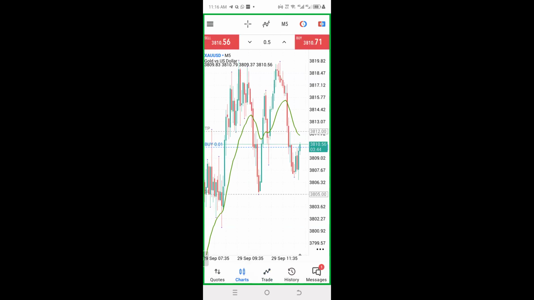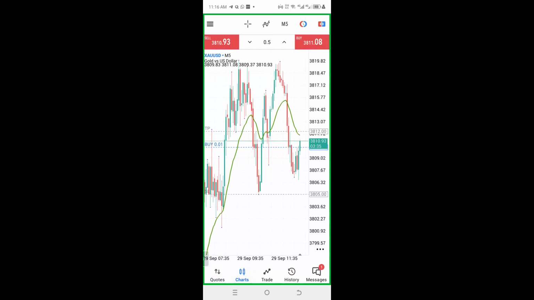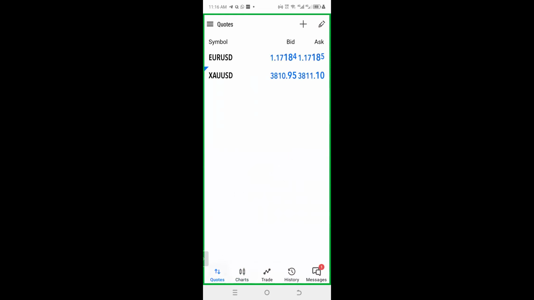Second one, I go to quotes, so that we see it well. Otherwise I would have just used my chart here and clicked on the buy to the right-hand side, and sell to the left-hand side. But the market, we want to go for a buy.